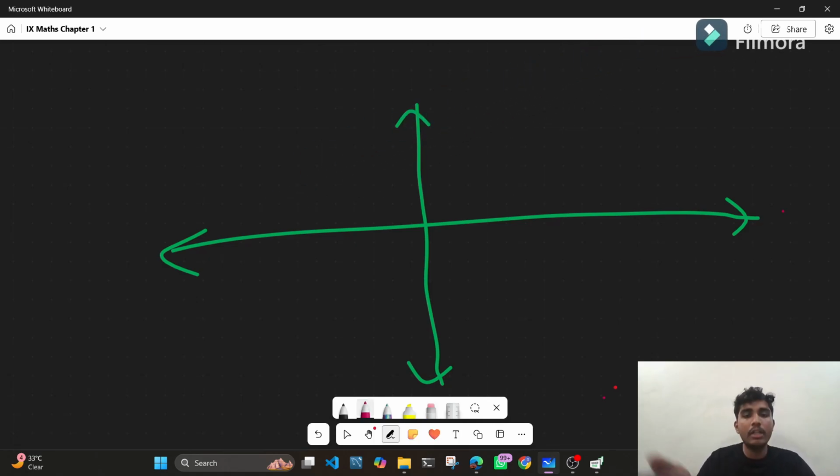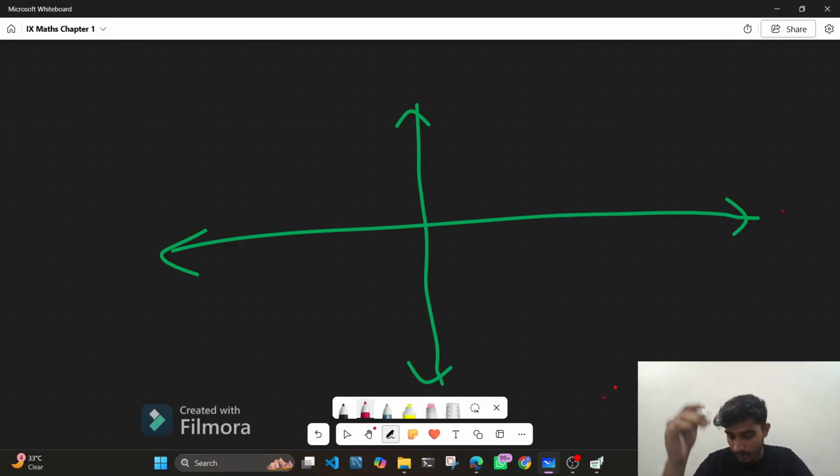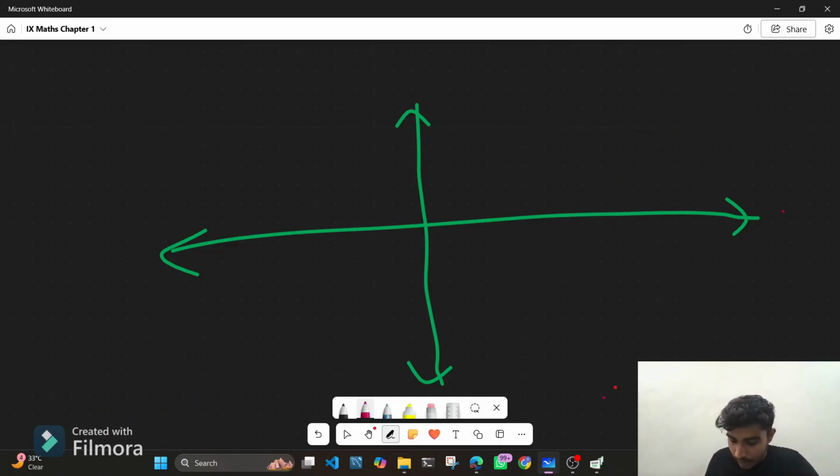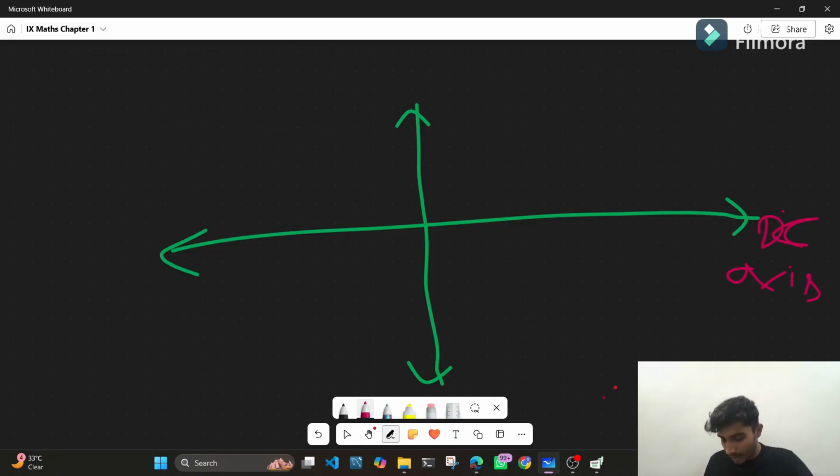We'll not call these lines just lines, so we'll use some notations. The horizontal line we call the x-axis. I'm sorry for my handwriting, but I hope it is understandable.